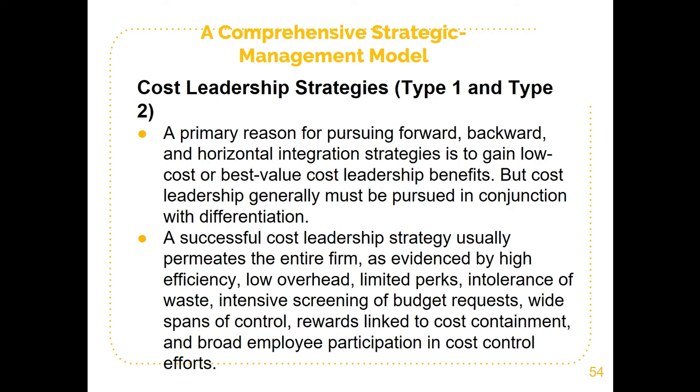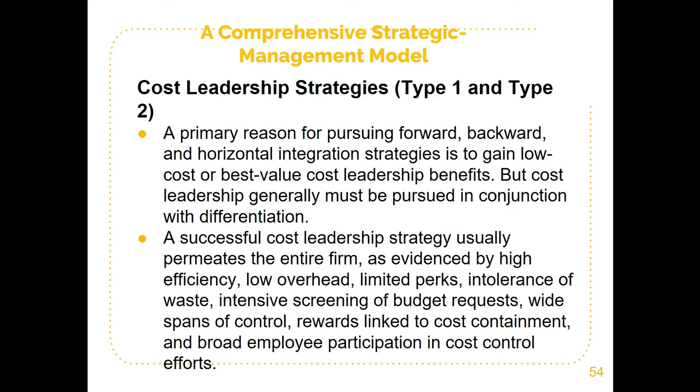So in order for your cost leadership strategy to be successful, it's evidenced by high efficiency, low overhead, limited perks, intolerance of waste, intensive screening of budget requests, wide spans of control, reward linked to cost containment, and broad employee participation in cost control effort.